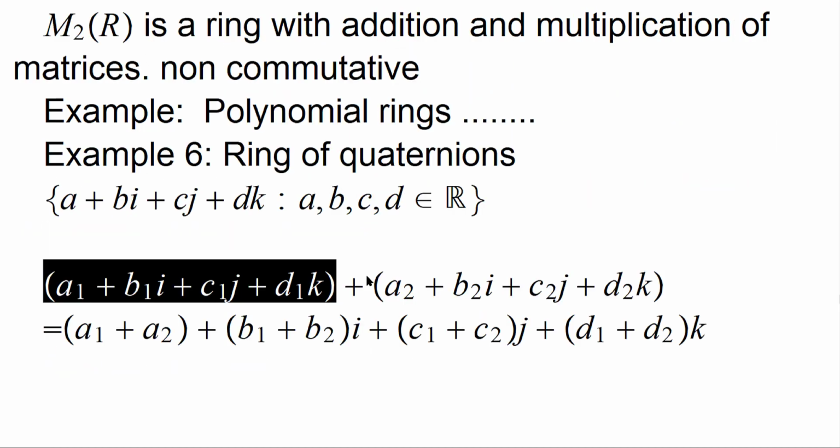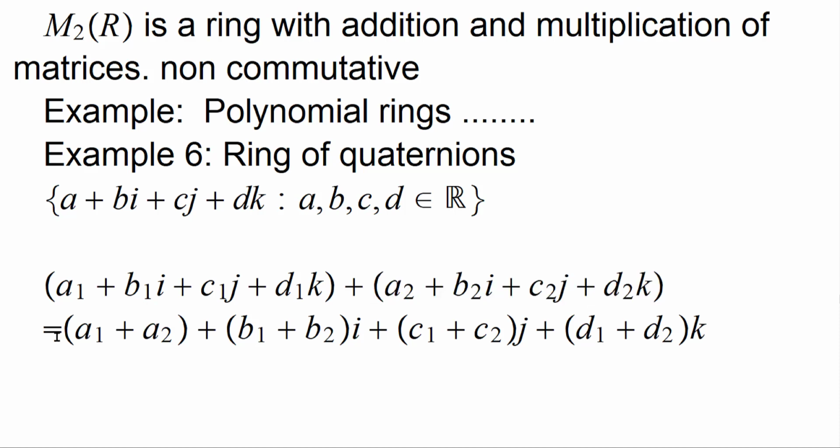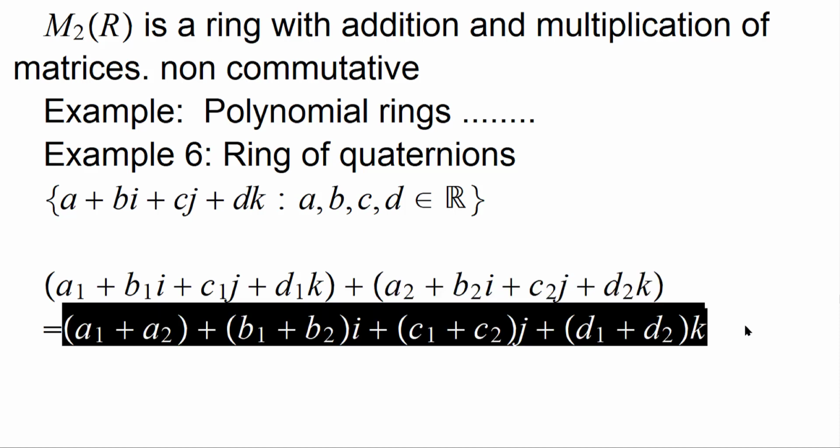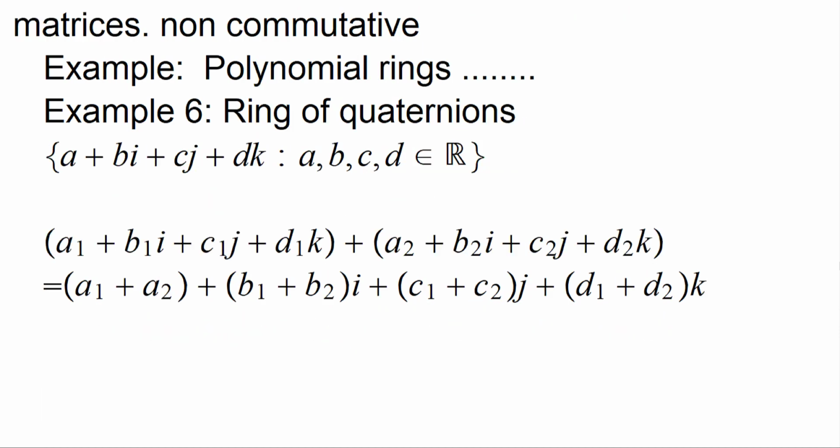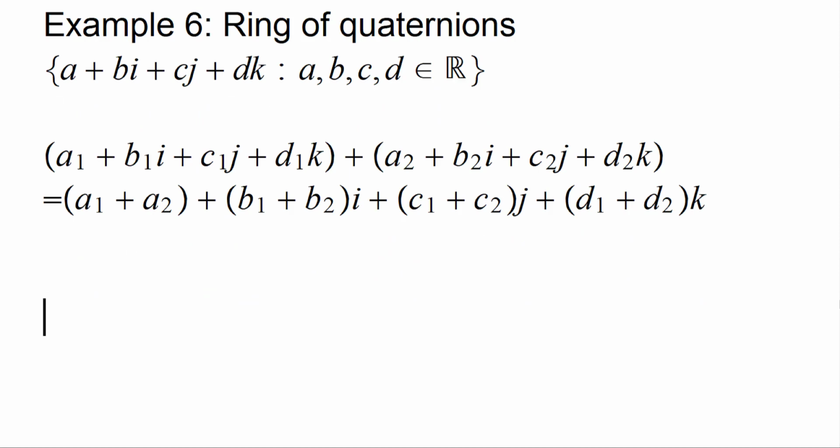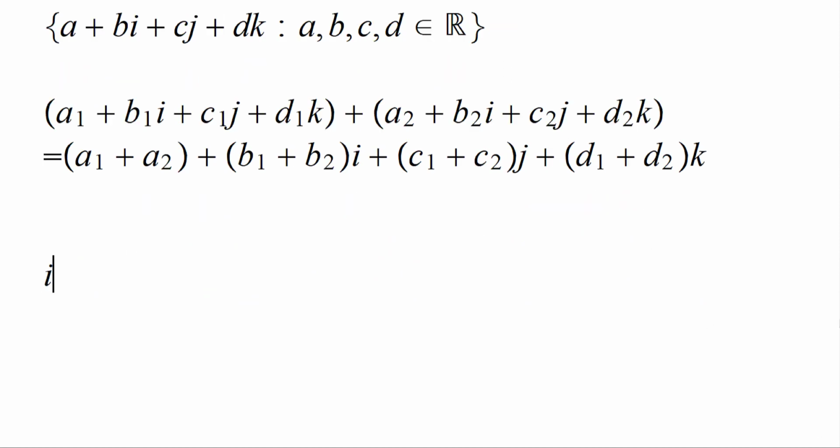So the sum of two elements like this would be, just as I said, added component-wise. And for the multiplication, we will just go by the same general rule, that is, our i, j, k will all satisfy i cross i is, remember, the same thing as j cross j, and equals k cross k, and each one of them is how much? -1.